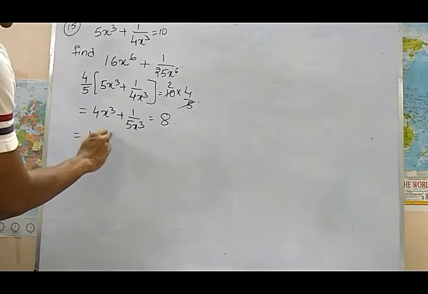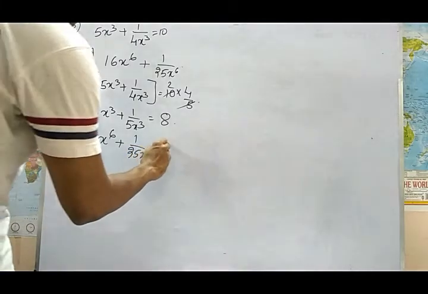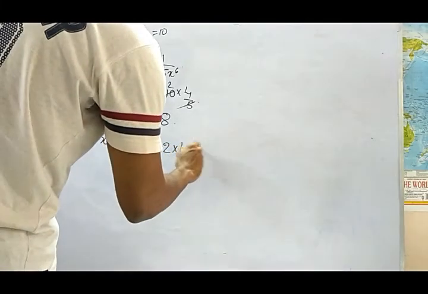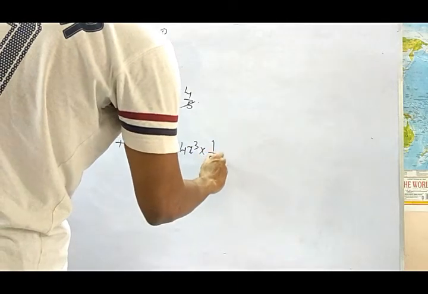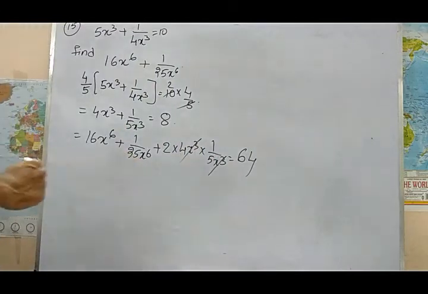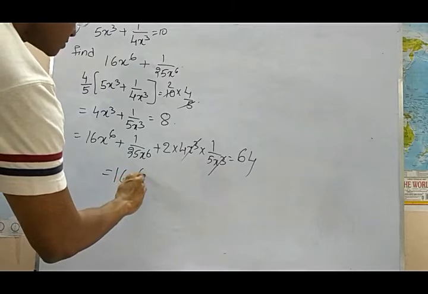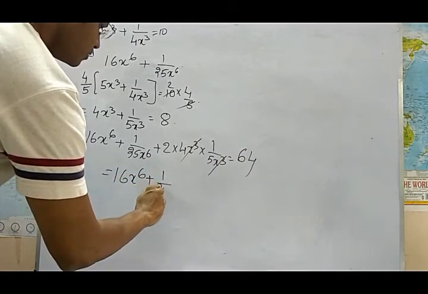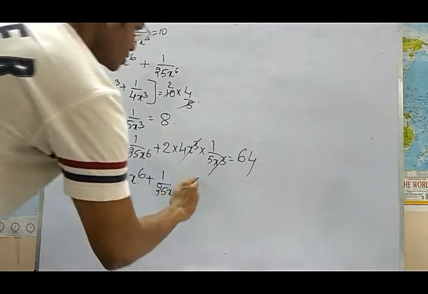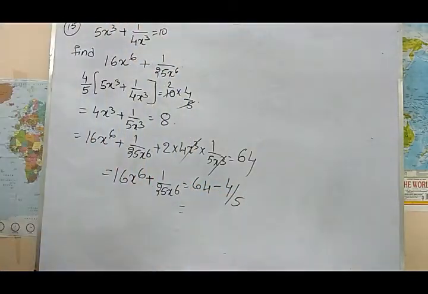Squaring on both sides, 16x power 6 plus 1 by 25 x power 6 plus 2 into 4x cube into 1 by 5x cube equal to 8 square is 64. X cube get cancelled. So what we are left with? 16x power 6 plus 1 by 25 x power 6 equal to 64 minus 4 by 5, equal to what is 4 by 5? Whoa! Sorry students, we made somewhere some mistake.